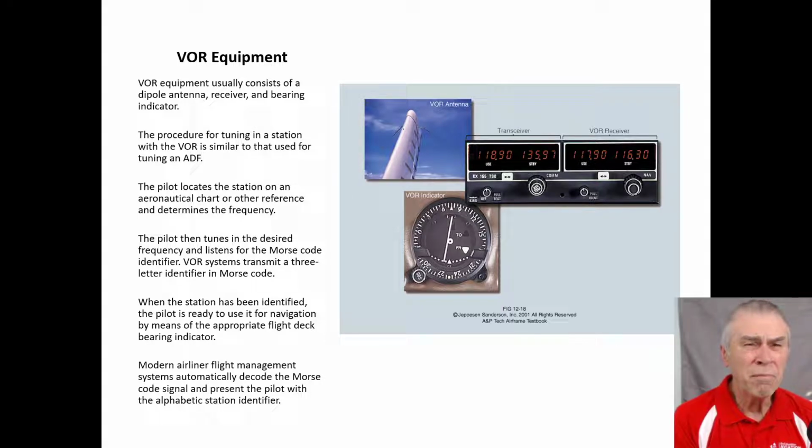VOR stations do transmit a Morse code, apparently a 3-letter identifier, probably close to their airport, I would presume. Miami would probably be MIA. Just a guess.